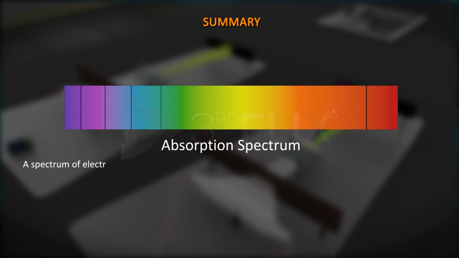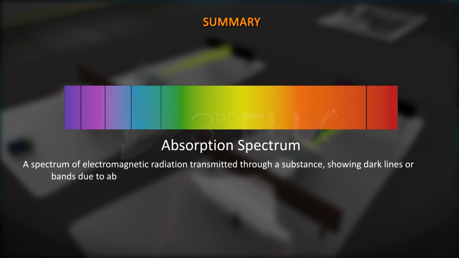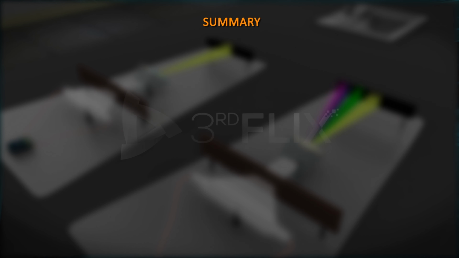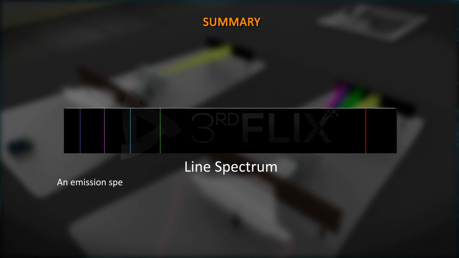A spectrum of electromagnetic radiation transmitted through a substance showing dark lines or bands due to absorption at specific wavelengths is called an absorption spectrum. An emission spectrum consisting of separate isolated lines is called a line spectrum.